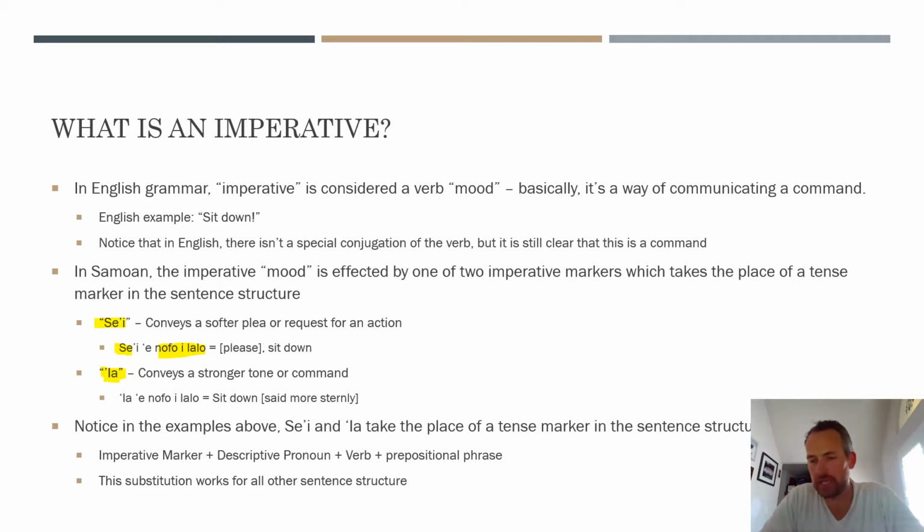Now, just real quick, it's not to say that Samoan speakers don't ever say nofo i lalo, sit down. You still absolutely hear that, and you hear people say fa'alogo, which means listen. They still say that just like we would in English. We sometimes just say sit. We don't say you sit all the time.